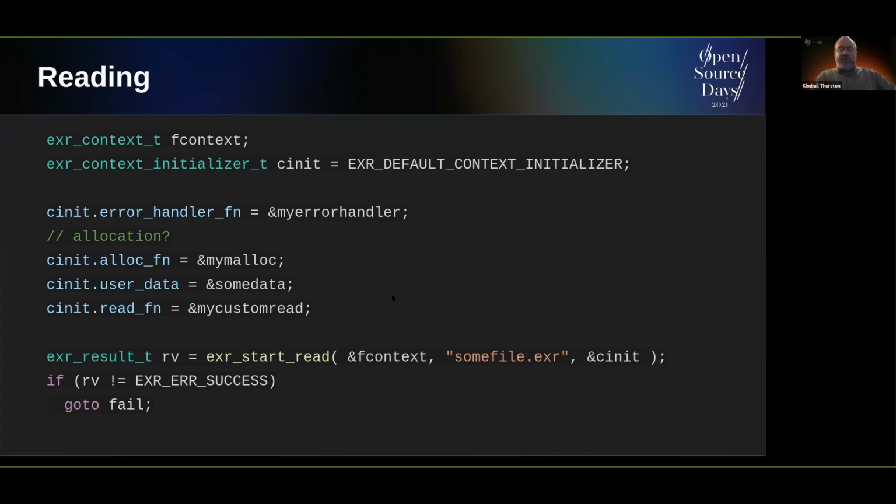And so even starting a read, when you open a file, you basically pass in any error handlers you want to have, but you can also override even the malloc that the library uses, or pass your own user data in and use a custom read function. But in the end, you basically just make a simple little EXR start read call, and that will not return until it's actually parsed the whole header.